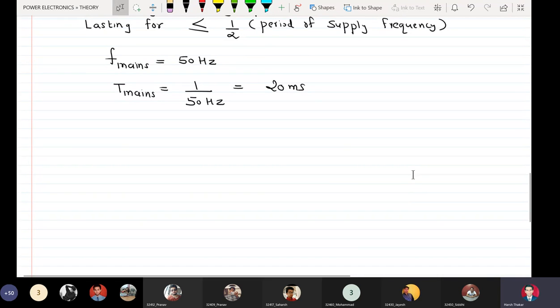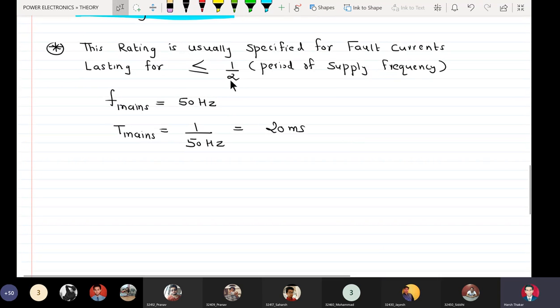That means fault currents which last for a time duration less than or equal to 10 milliseconds are covered by this rating. So we can say here 1/2 of 20 milliseconds, that means 10 milliseconds.